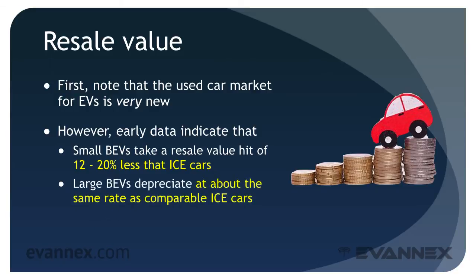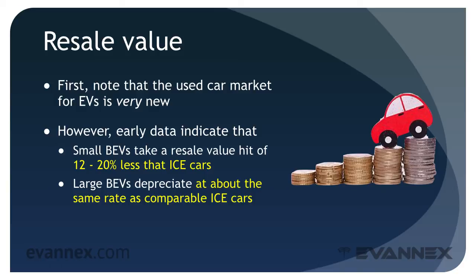Large BEVs, for example a Tesla Model S, depreciate at about the same rate as comparable ICE cars, although most data for large EVs are anecdotal because the market is so new. For example, Edmunds reports that the sale of their Tesla Model S after 17 months of driving was about 80% of its new car cost, an impressive result.